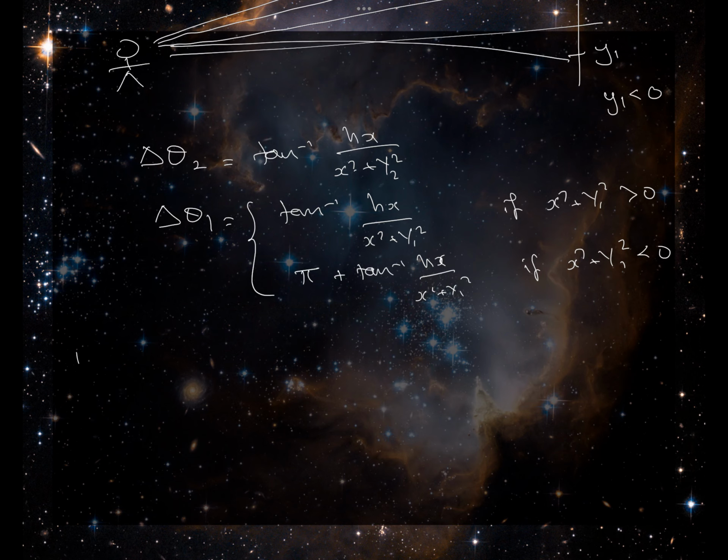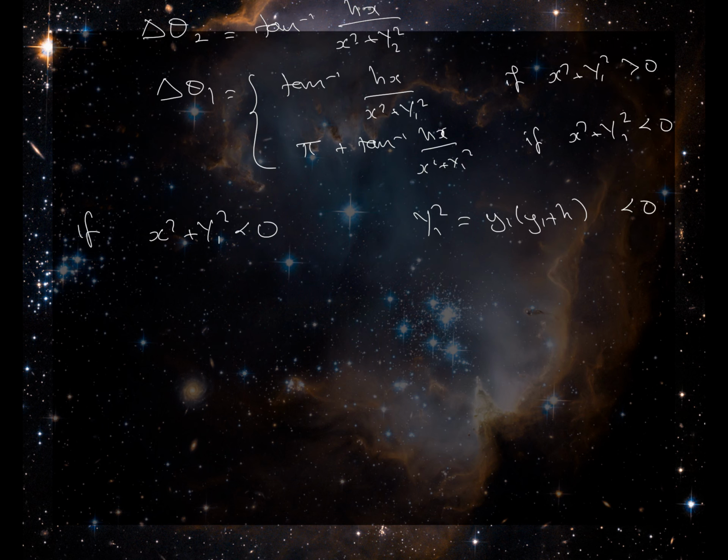If x squared plus y1 squared is less than 0, so remember y1 squared we're writing as y1 into y1 plus h, and that is less than 0 in this case. So therefore this sum could be less than 0 if x is sufficiently small.